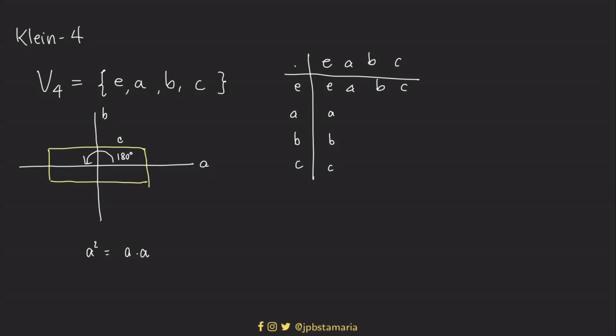E. Because if I reflect about the x-axis and I reflect once again, I get the same element. Right? That's E. In fact, B is also of order 2. When we say order 2, it returns to the identity after applying it twice. Right? In fact, C is of order 2. If you rotate 180 degrees and rotate 180 degrees again, you will go back to the identity. That's the same effect as the identity. So here you get the following.